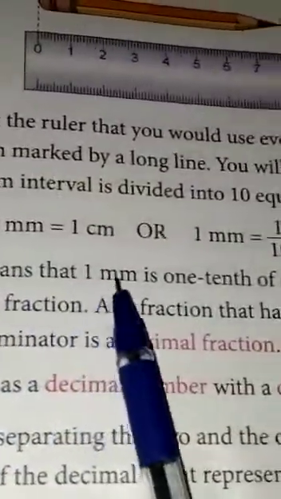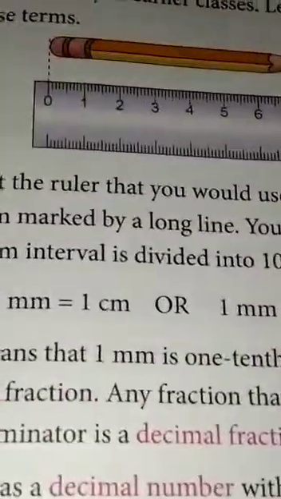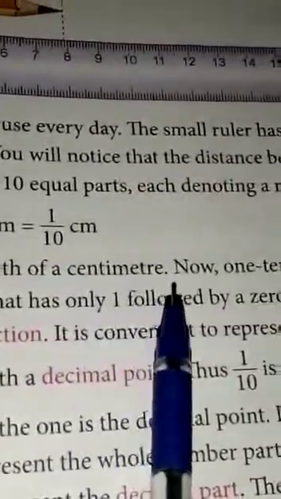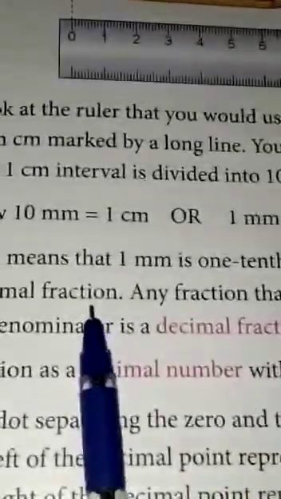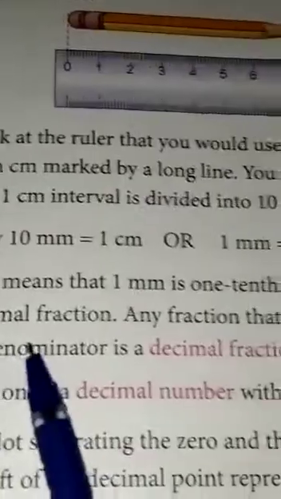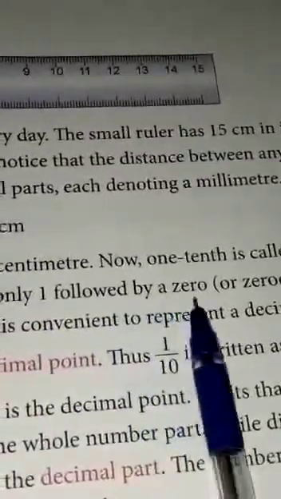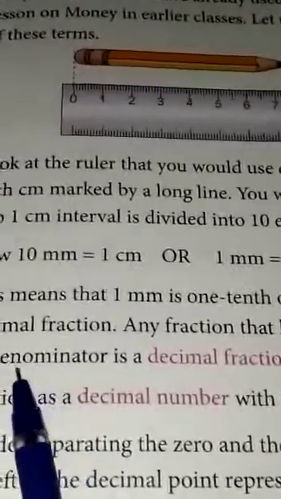This means that 1 millimeter is 1/10 of a centimeter. Now 1/10 is called a decimal fraction. Any fraction that has only 1 followed by a 0 or zeros as its denominator is a decimal fraction.